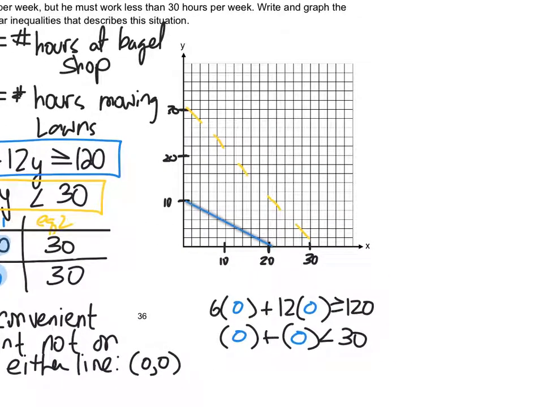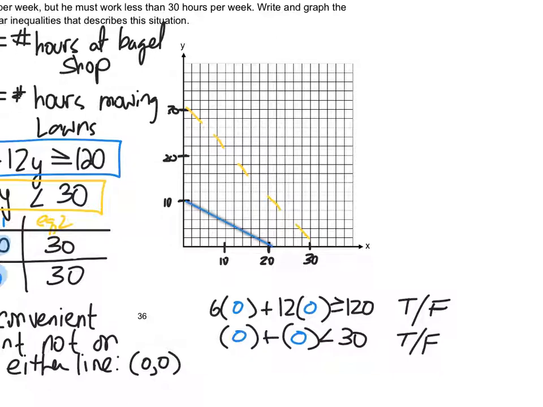And we're just asking ourselves, is it true or false in both cases? All right, and we'll get to that in a second, but the truth value will determine the shading. If it's a true sentence, we shade in the direction of that coordinate. If it's a false sentence, we shade in the opposite direction of that coordinate.